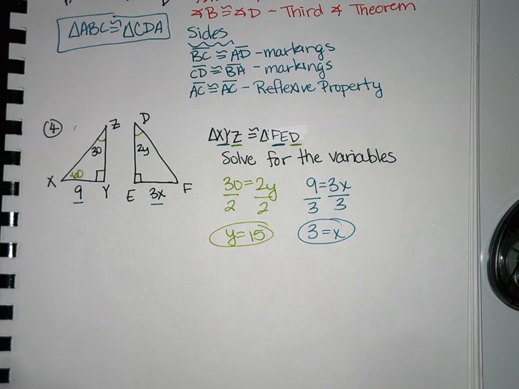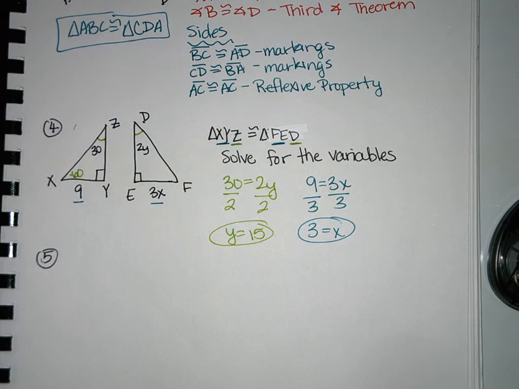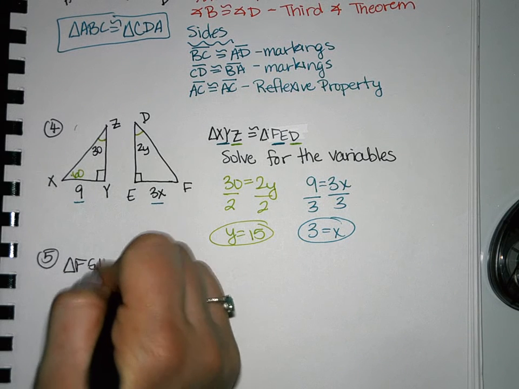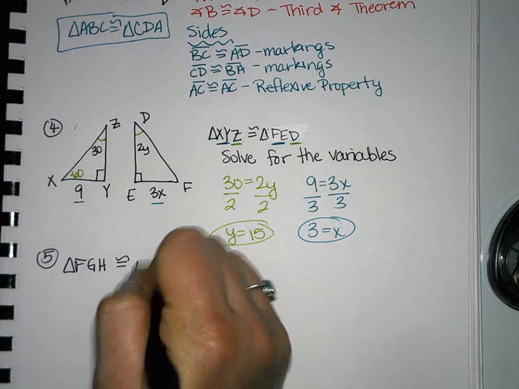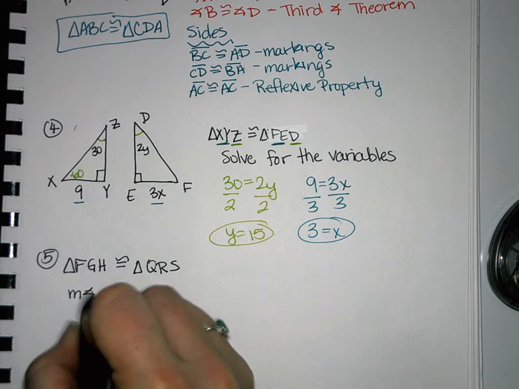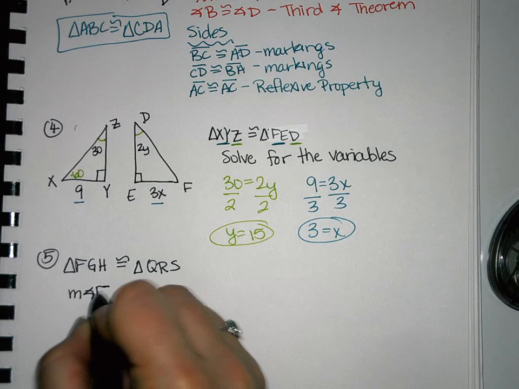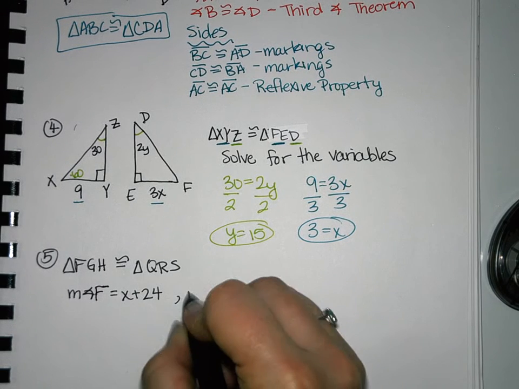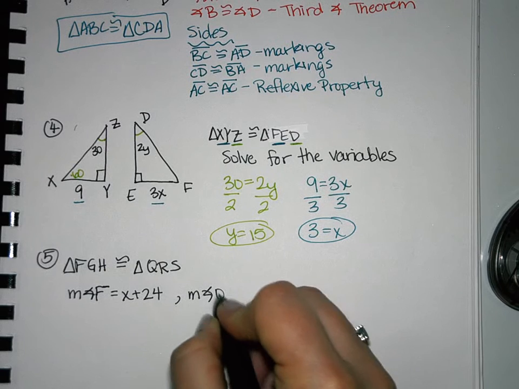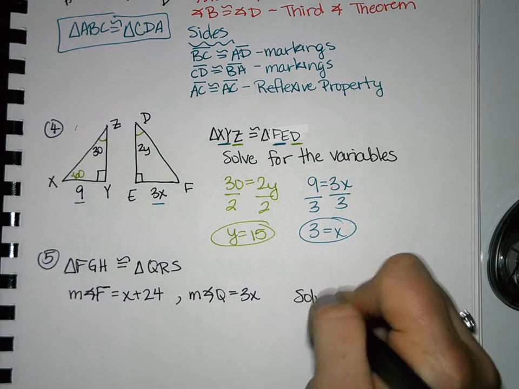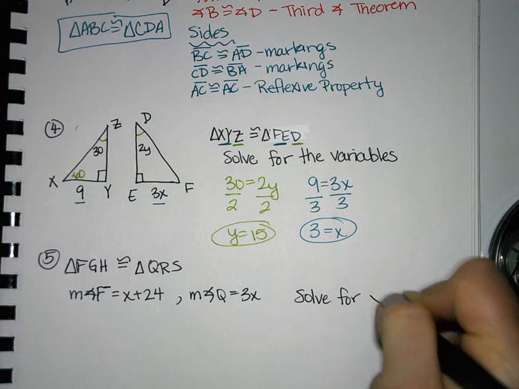The last kind is like 4 but without a picture. The last 2 that you're going to do on your assignment is just going to give you a congruent statement, and then it's going to tell you that the measure of one angle, in this case F, is equal to something, and it's going to tell you that the measure of angle Q is equal to something, and in this case it's 3x, and it's going to say solve for x and the angles.